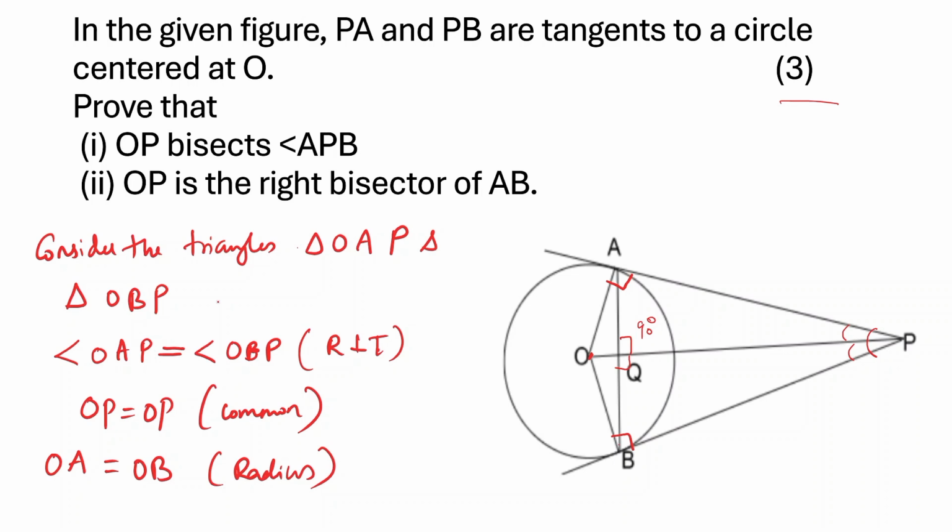So you can use the RHS criteria for congruence: right angle, hypotenuse, and side. One right angle is the same, the hypotenuse is common, and one side is matching. So these two triangles OAP and OBP are congruent.